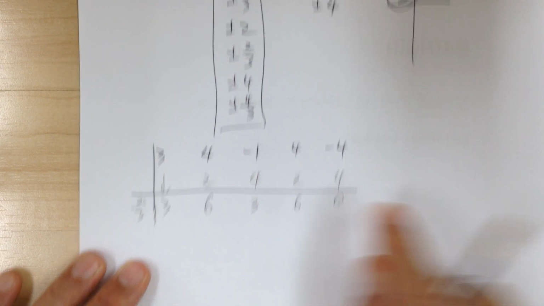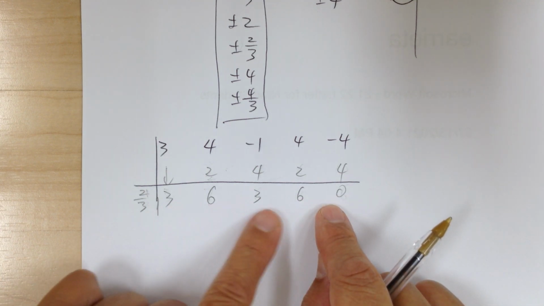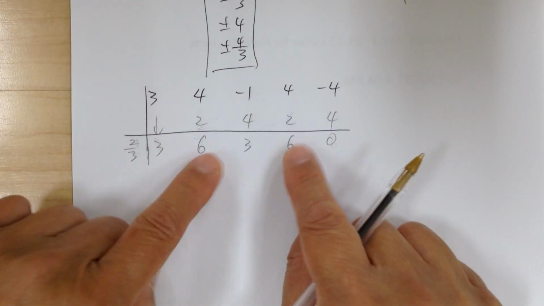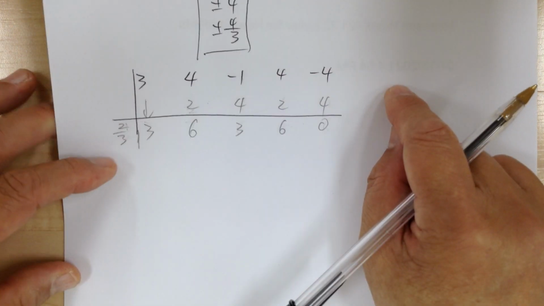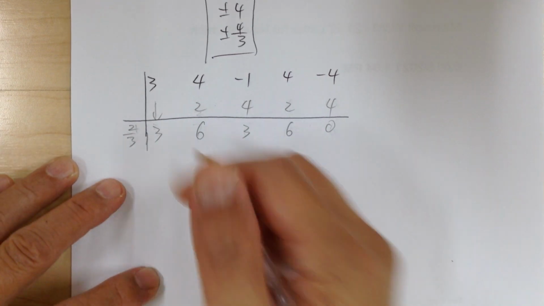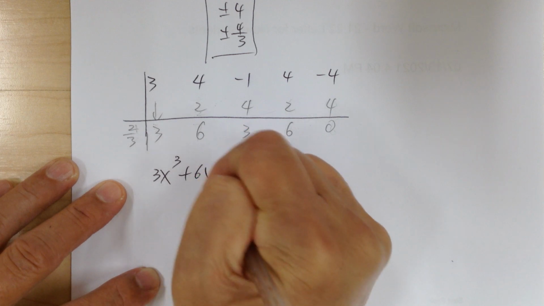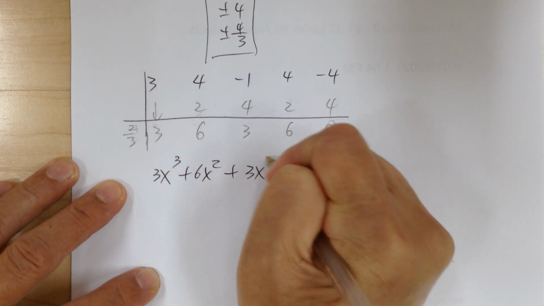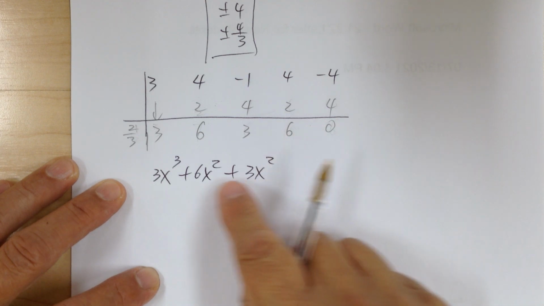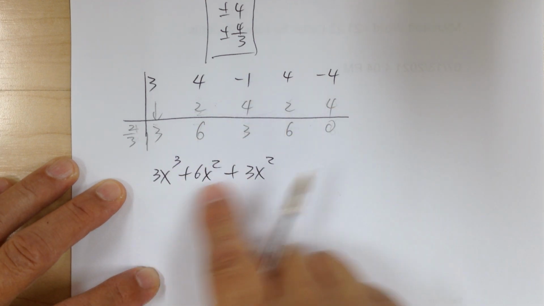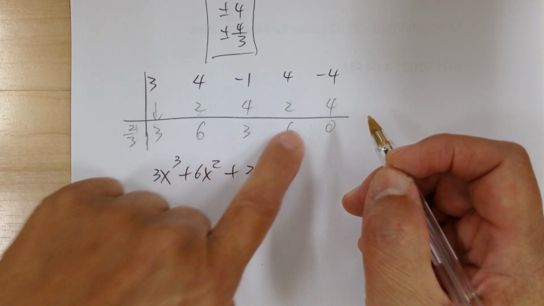So once you get that, notice that these have the same ratio. So this is factorable. So from here you can do factoring already, or you can just keep going, trying with the list. So what you have is 3x to the 3 plus 6x squared plus 3x plus 6.